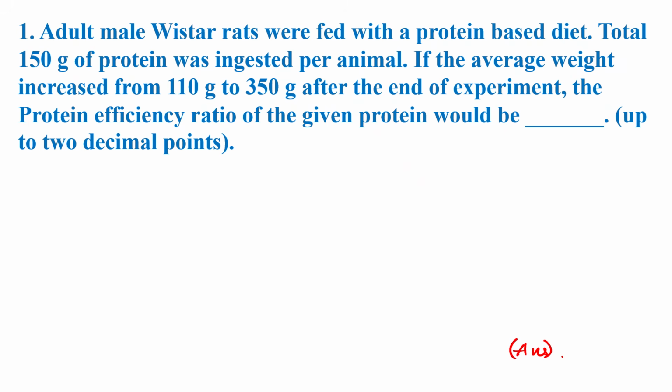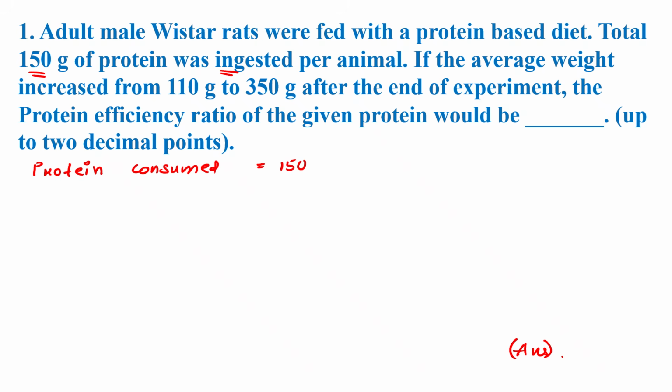Question. Adult male Wistar rats were fed with a protein-based diet. Total 150 gram of protein was ingested. So what is the protein which has been consumed or ingested? That is 150 gram.